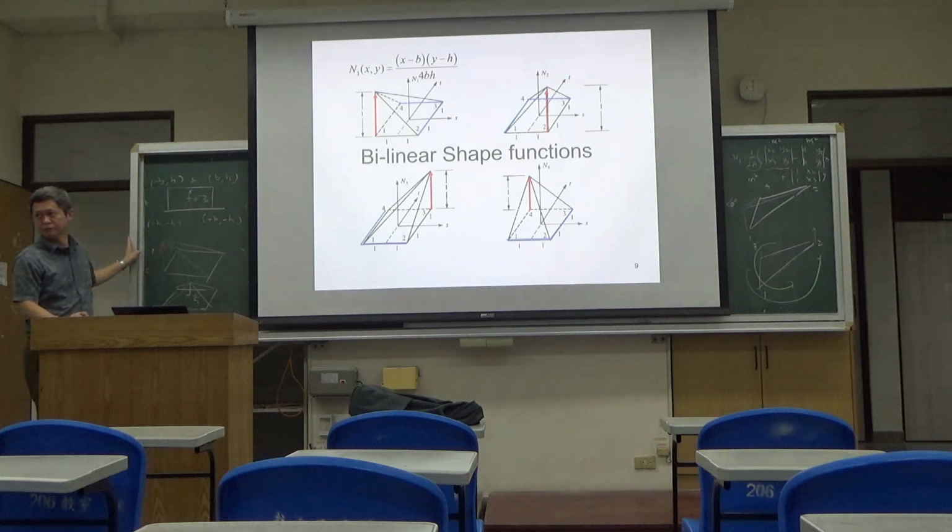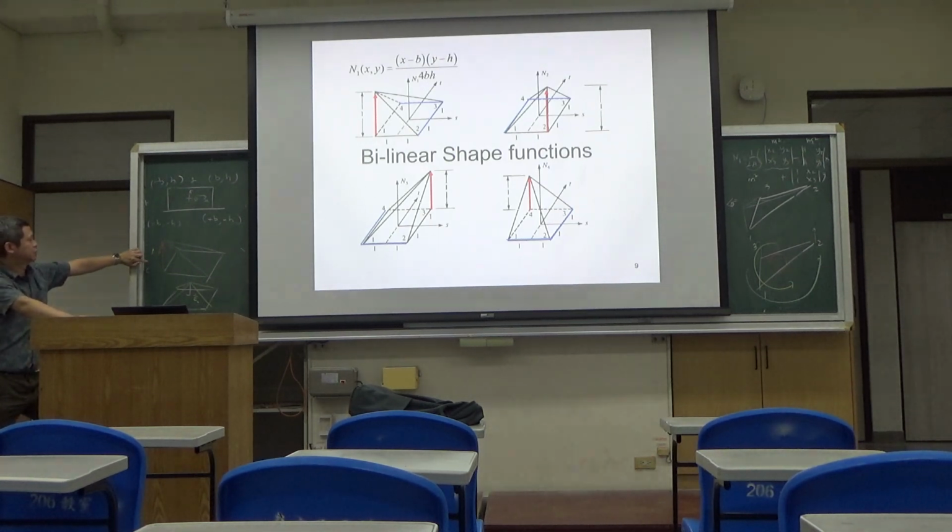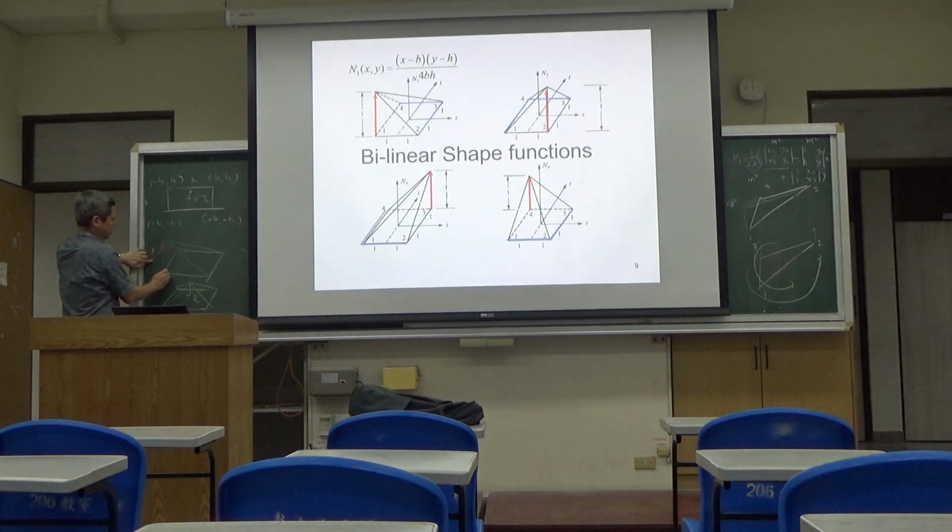Okay? 那你要怎样找出这样的形状函数？ So one way of taking this is take this coordinate and then this coordinate minus the coordinate, okay, and this coordinate minus this local coordinate. And divided by 4, they are going to be 1.